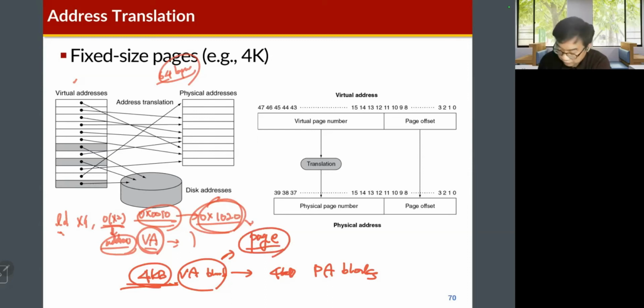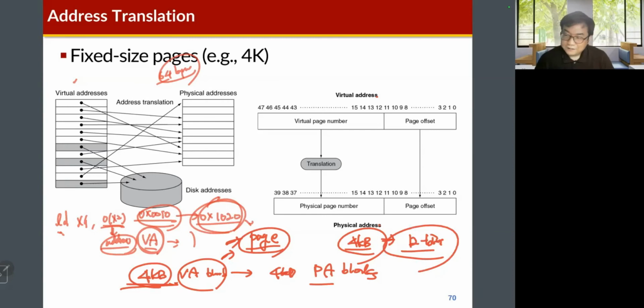Okay. So when a virtual address is translated into a physical address, we translate in the size of a page, and usually the size of a page is 4 kilobytes, which occupies the lower 12 bits of the memory address, right?